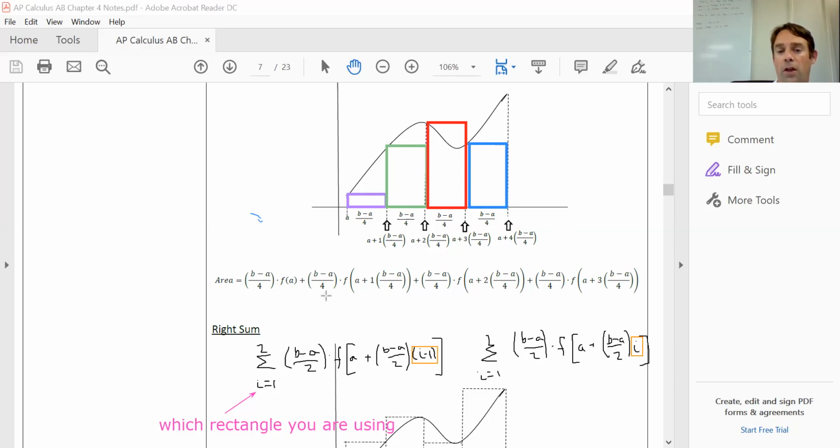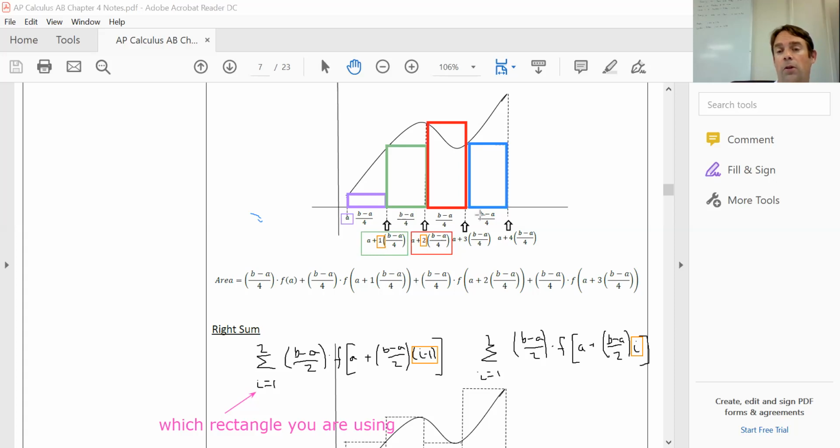Well, you're using however many partitions over. So notice, on the purple, we had 0 partitions. It was just a. On the green, we went 1 partition over. So that's why we have the 1 right here. On the red, we had to count over 2 partitions.